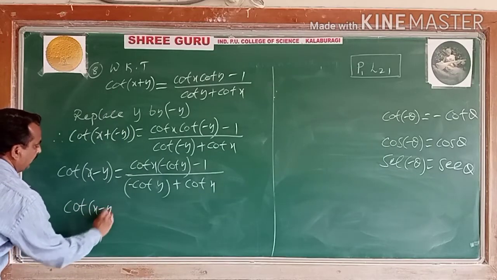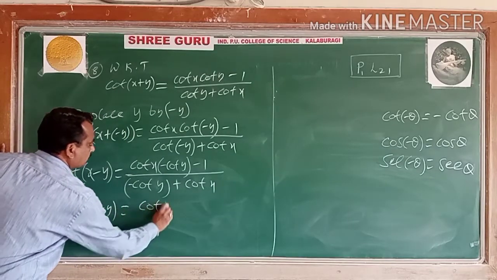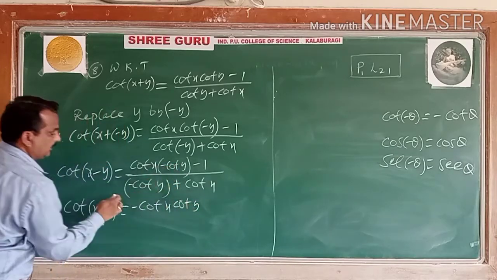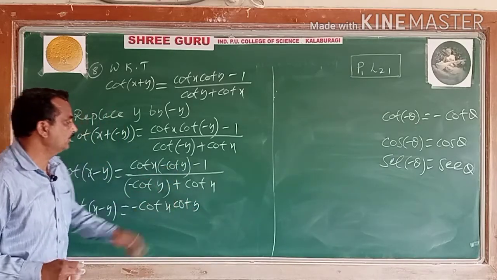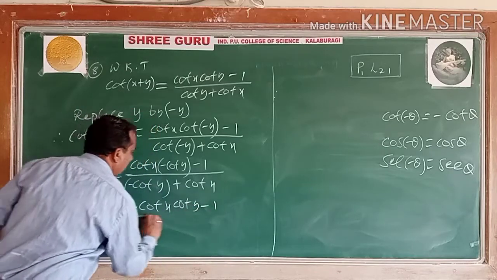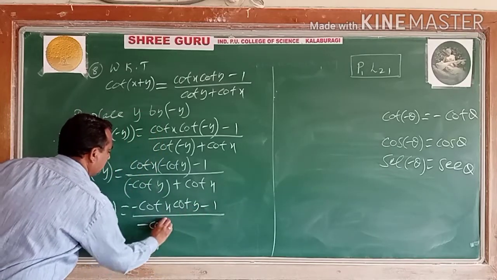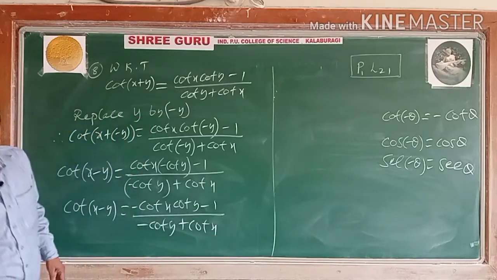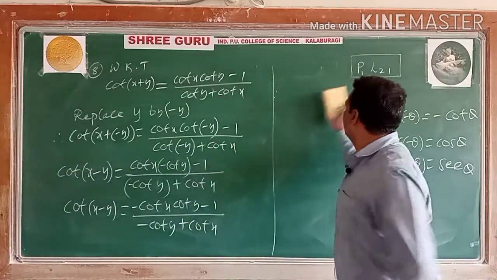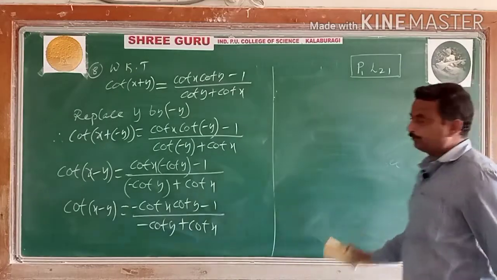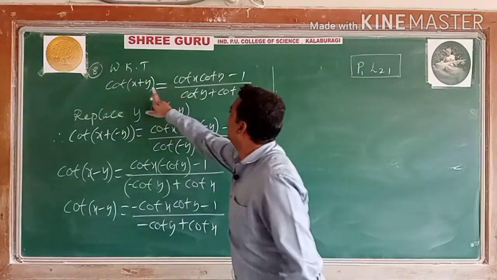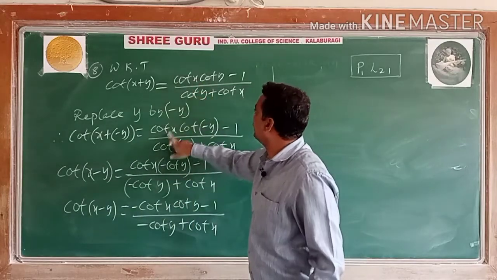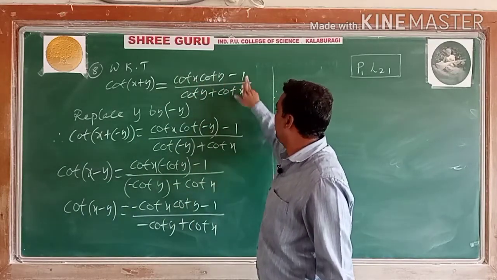Cot of x minus y is equal to cot x, taking the minus sign this side, minus of cot x cot y minus 1 divided by minus cot y plus cot x. Clear, students? Yes. See, once again I repeat this: replacing y by minus y, cot x as it is, this y as minus y, minus 1.